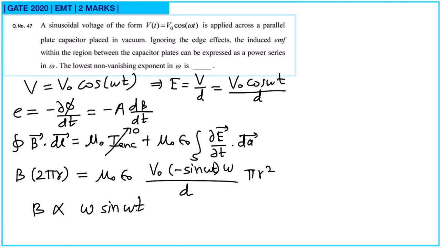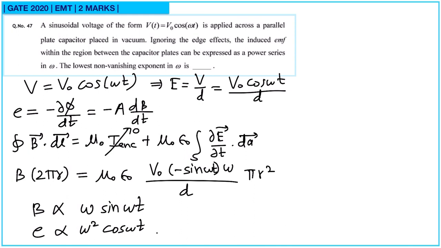Now if B is proportional to this, then E will be proportional to the derivative of this, since the derivative of B gives E. So that will be, derivative of sin is cos, omega t into omega square.